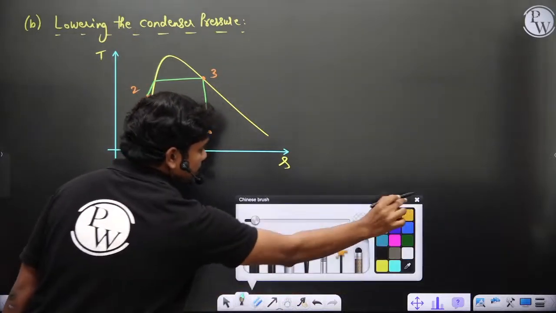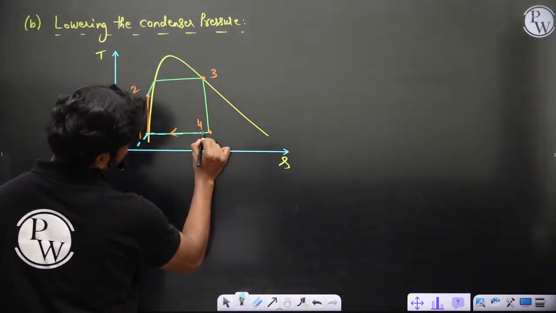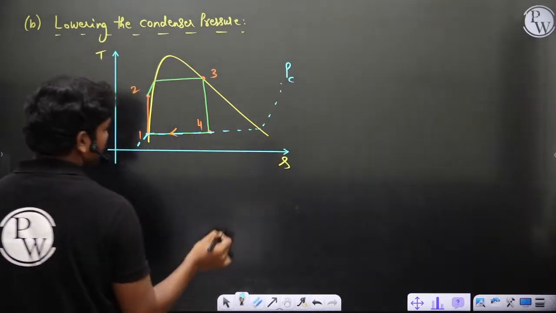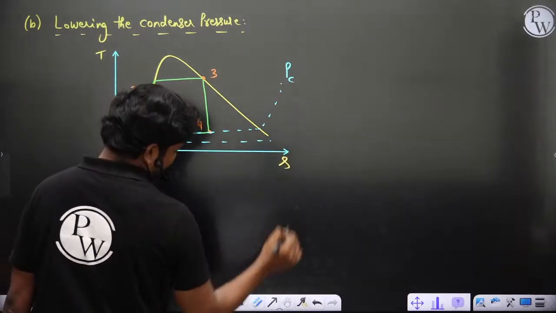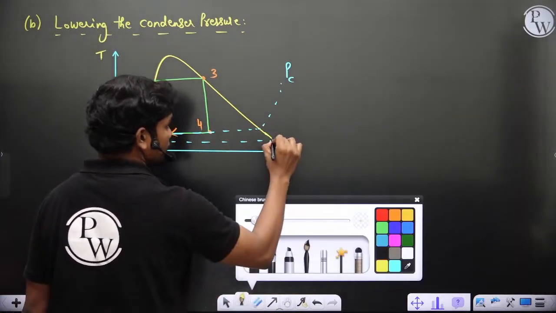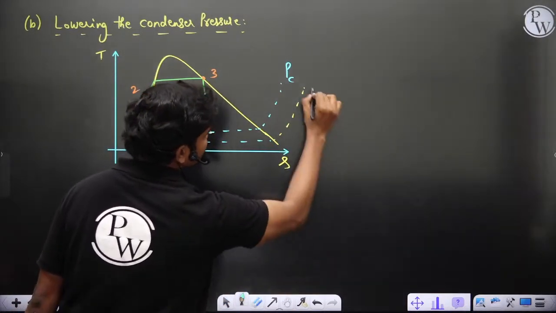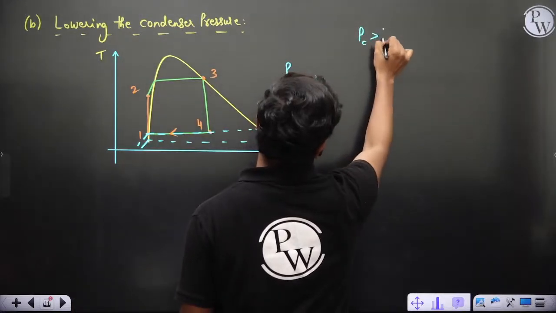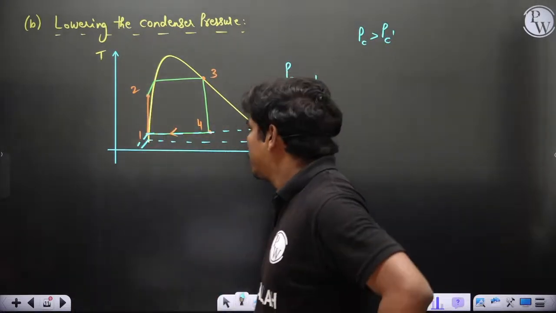Now let's say this is at one particular condenser pressure initially, P condenser, and let's say you define one more pressure which is significantly lower than that, PC dash. So you all know PC is more than PC dash.